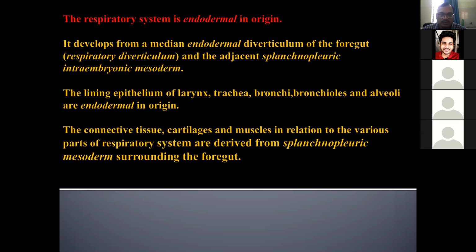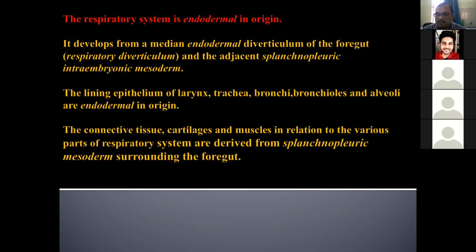Now the connective tissues, cartilages, and the surrounding muscles, that is intra and extrathoracic muscles, develop from splanchnopleuric mesoderm. So we have seen that two structures take part in the development of the respiratory system: the respiratory diverticulum and splanchnopleuric intraembryonic mesoderm.